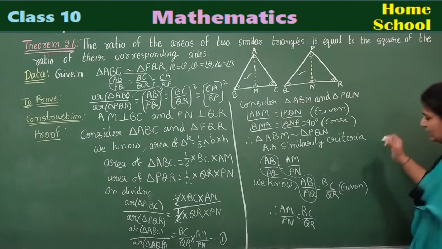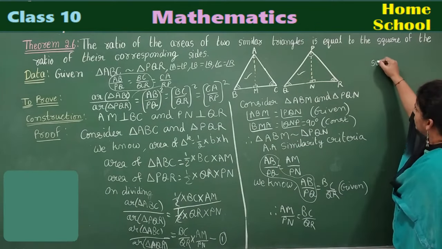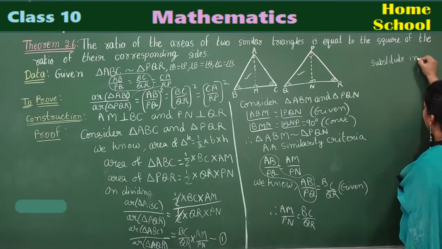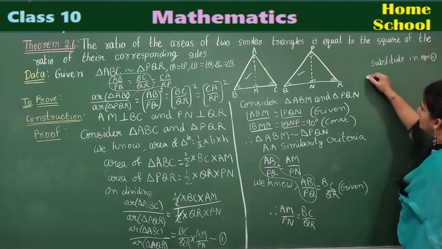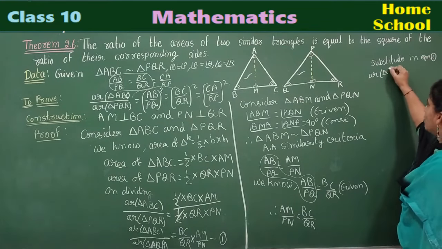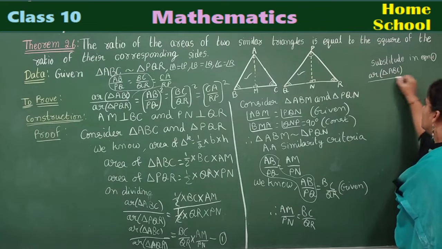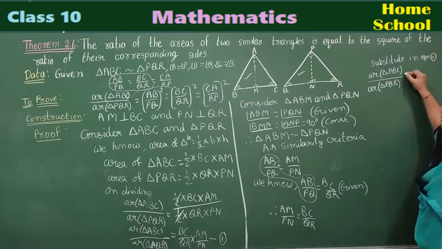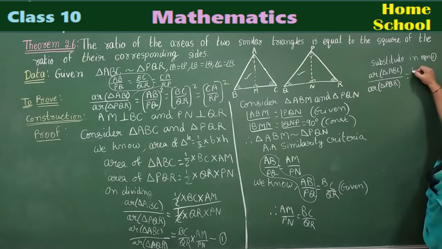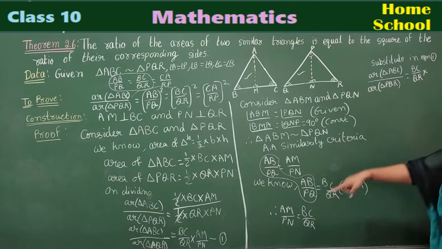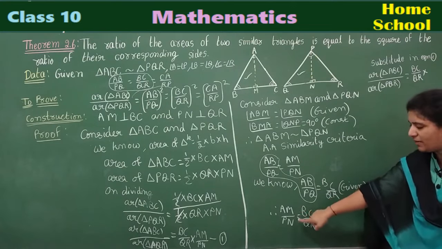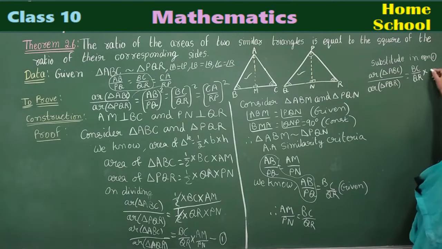Okay. Now let's continue here. Substitute above ratio. Substitute in equation 1. That will be area of triangle ABC by area of triangle PQR is equal to, what do you have? BC by QR into, see there children, BC by QR into AM by PN there. So in the place of AM by PN, I am going to substitute BC by QR.